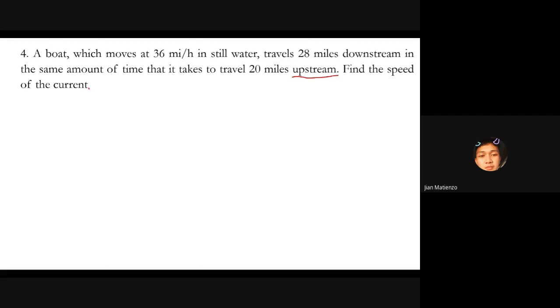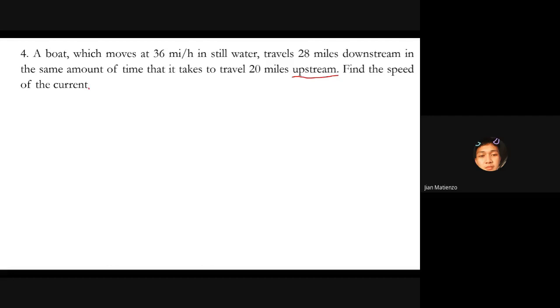So yung bilis, yung rate ngayon noong wind speed plus yung speed ngayon ng eroplano, ipa-plus natin. So mas mabilis siya. Samantalang kapag magkakasalubong ngayon yung wind speed, sasalubungin ngayon ng eroplano, doon tayo magma-minus.